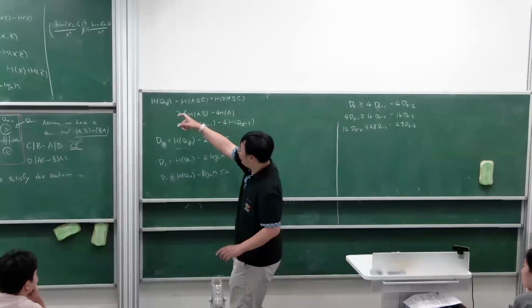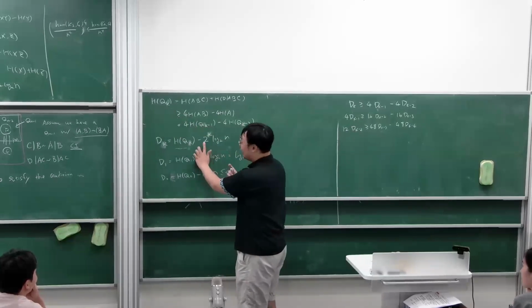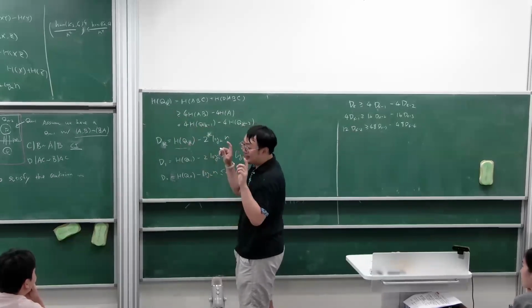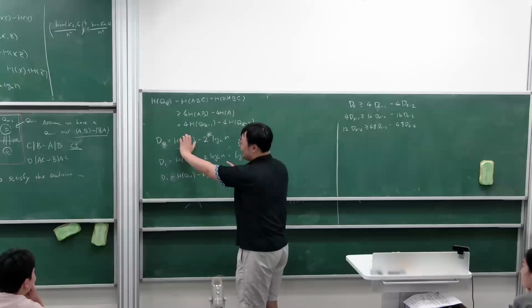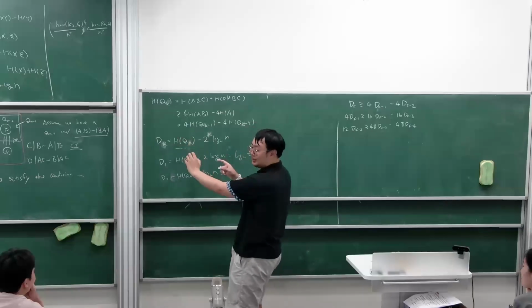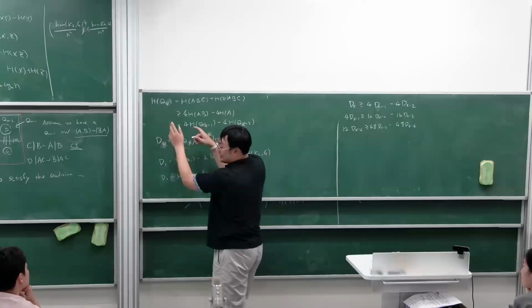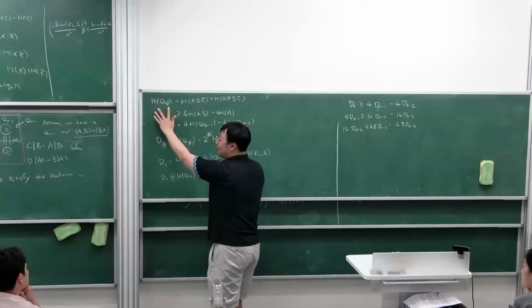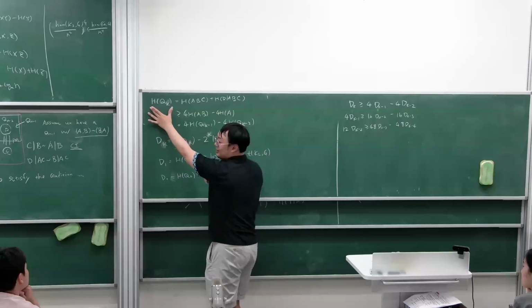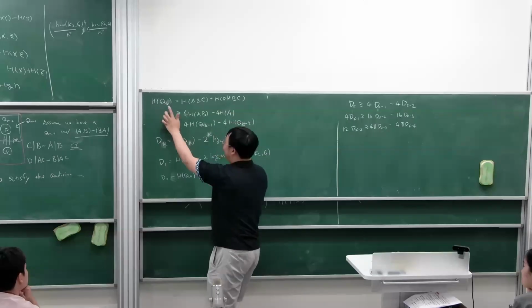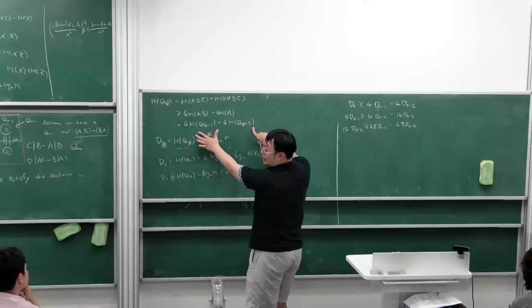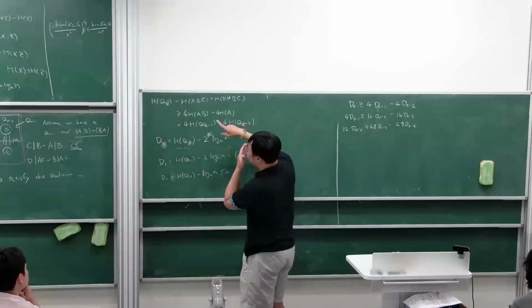So 2 to the k is the number of vertices, which is the number of random variables inside each tuple. You should think of this qk as a tuple with 2 to the k vertices. And the inequality is homogeneous, meaning that the number of random variables on the left-hand side, if you think of this as a tuple, is the same as the number of random variables on the right-hand side. And you can indeed check that.